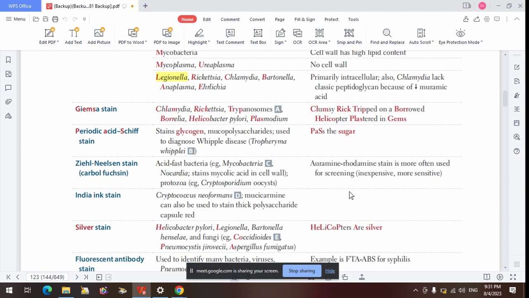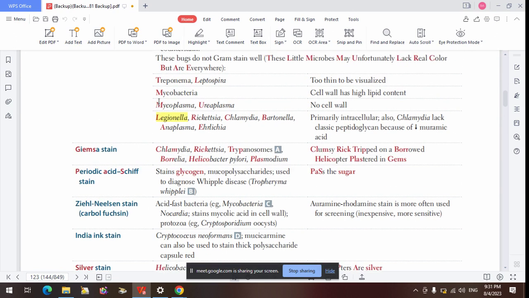So the way I learned this Giemsa stain, I just go back to all these atypical, intracellular ones. The first thing about Giemsa stain that I want us to know is that Giemsa stain is peculiar to staining protozoa, like Plasmodium and Trypanosomes.